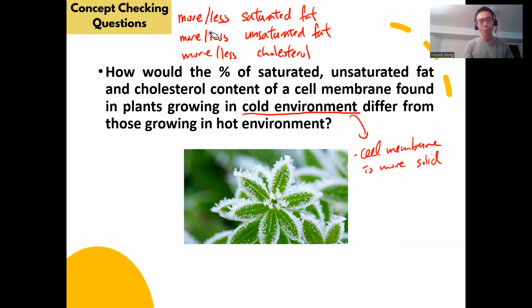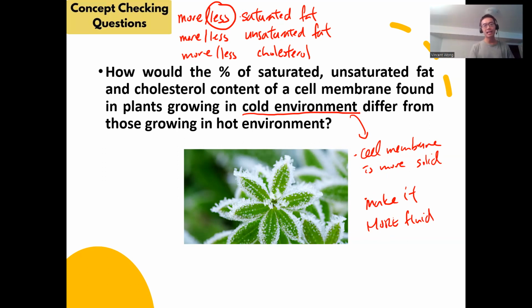Do you want more saturated fat or less saturated fat when you want to make it less solid, or more fluid? More fluid. So we need less saturated fat, because we learned saturated fat is solid at room temperature.